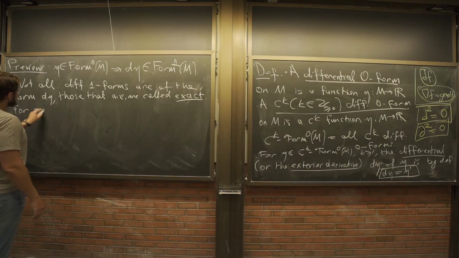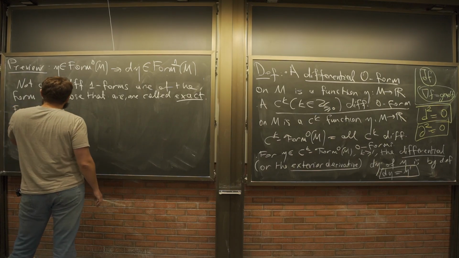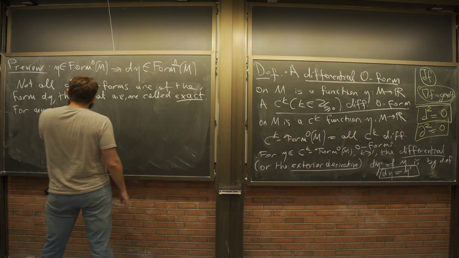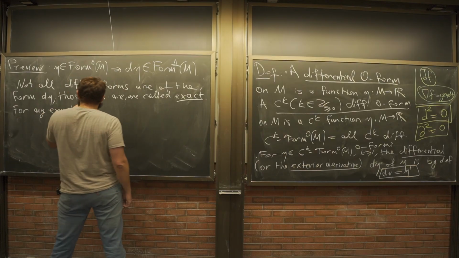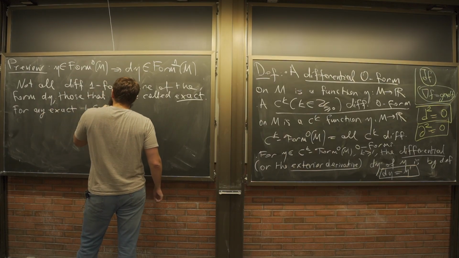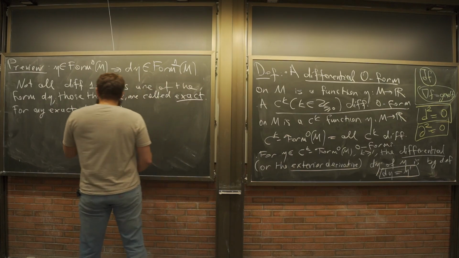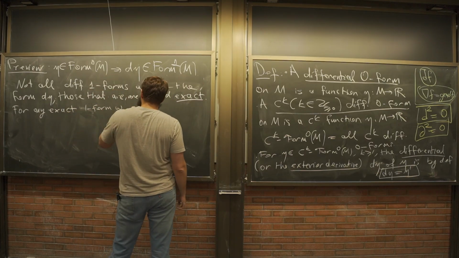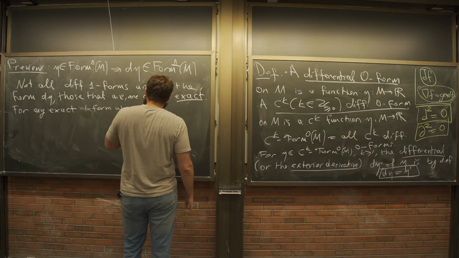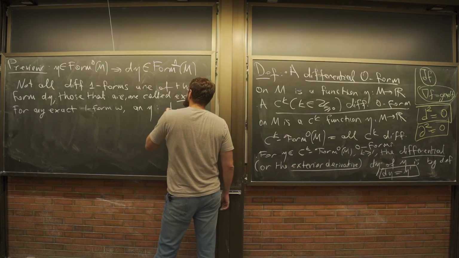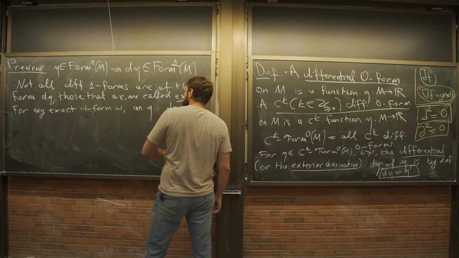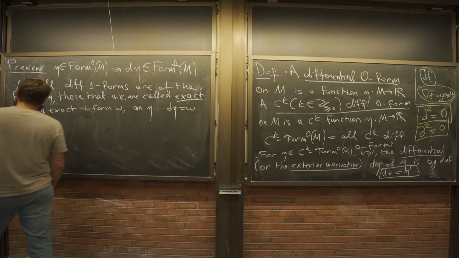For any exact omega one form, an eta such that d eta equals omega is a potential.